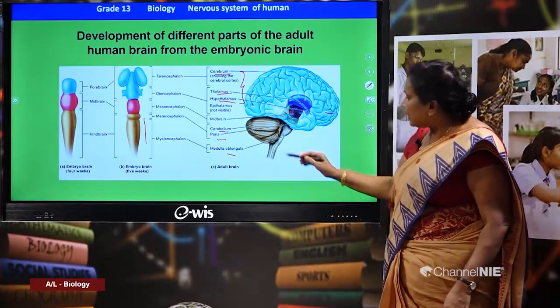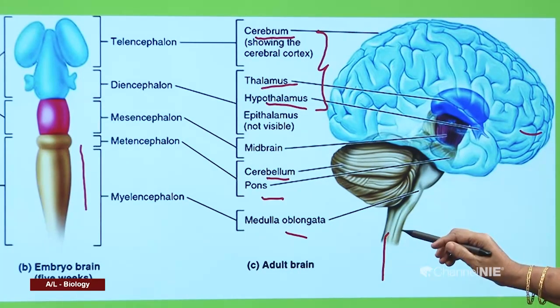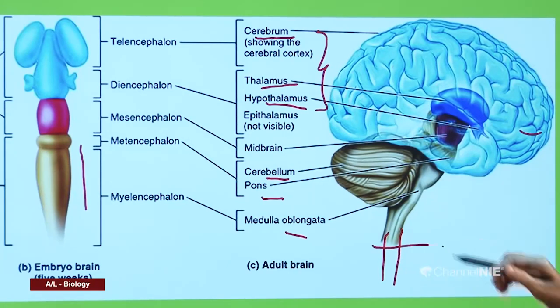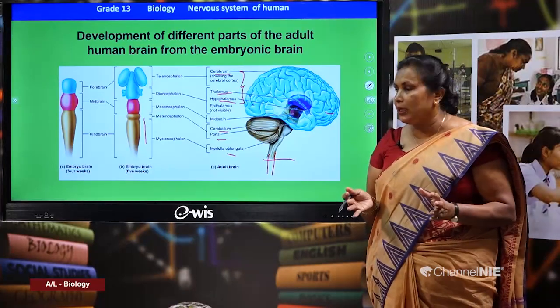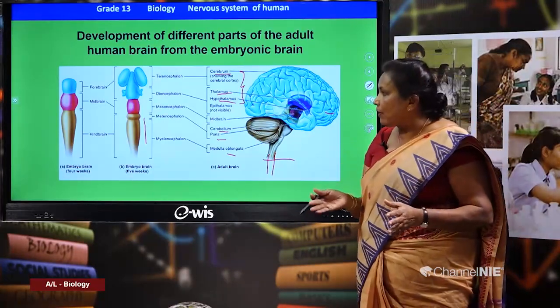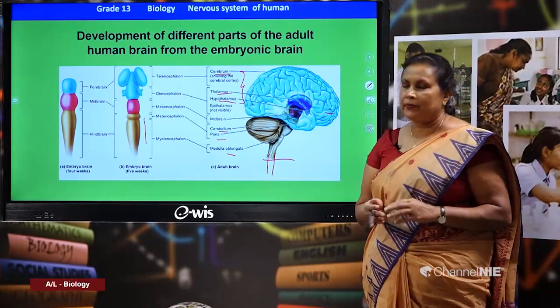Right. The rest of the neural cord of the embryonic brain develops into the spinal cord, which is present below. Understood? So these are the regions of the adult human brain that develop from different parts of the embryonic brain.